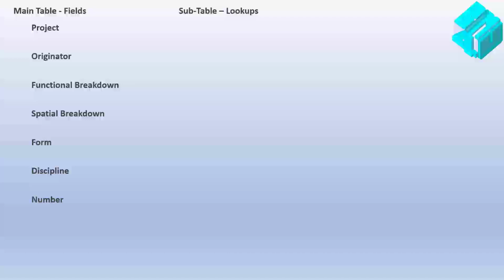So for instance, if we're thinking in terms of levels, we might have predefined values for those, which will obviously be applied to the spatial breakdown. At the same time, there might be different buildings, what we previously knew as volumes, and those would be part of the functional breakdown. So let's have a look at how that's built out conceptually.